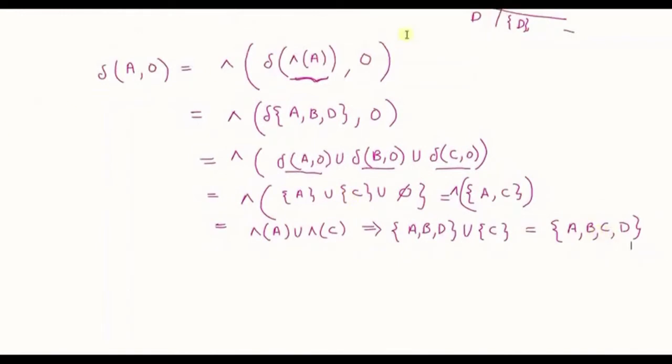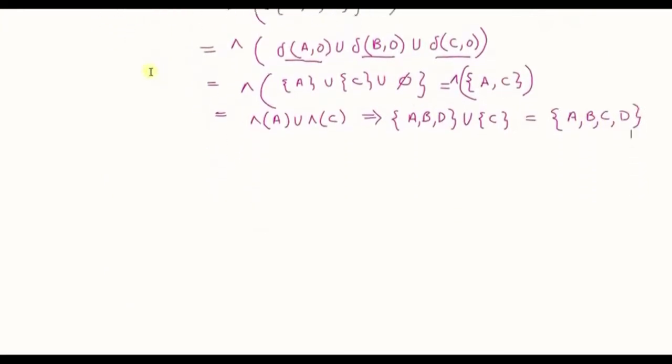Next we have seen the transition of state A on 0. Now the transition of that same state A on 1 we need to find out. So what is the transition of that same state A on reading 1? This will be written as E closure, or null closure, of del of E closure of state A on reading 1.